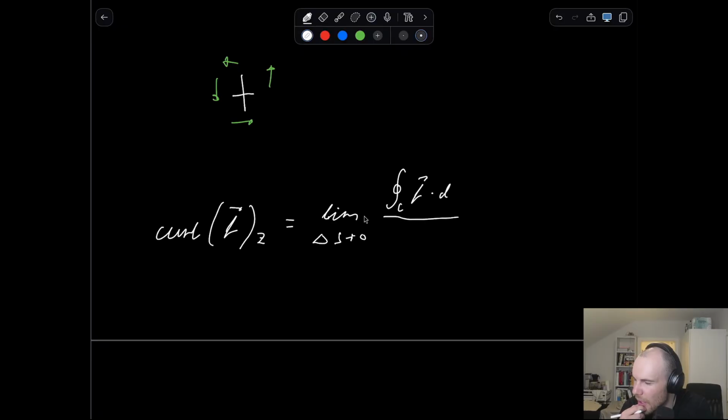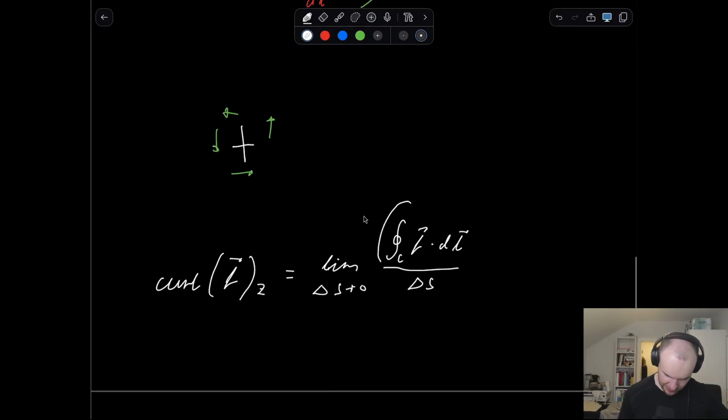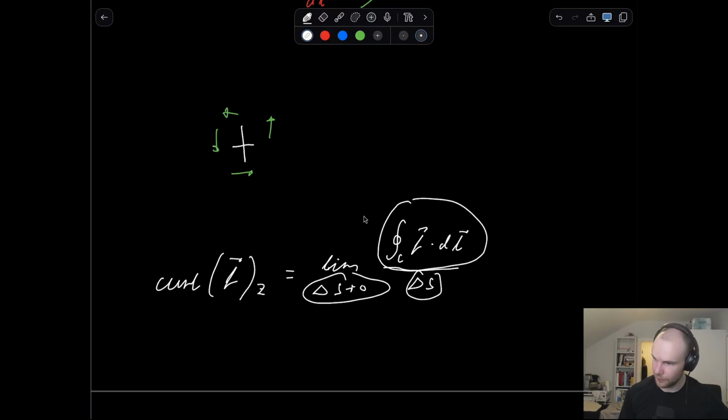Shouldn't that guy be small? Now I let delta s be small. I think that would be correct. I would have dl still, and I just let s be small. Yeah, that should be correct. We are doing essentially the same thing, but for something very, very small. That should be curl. I think that's correct.